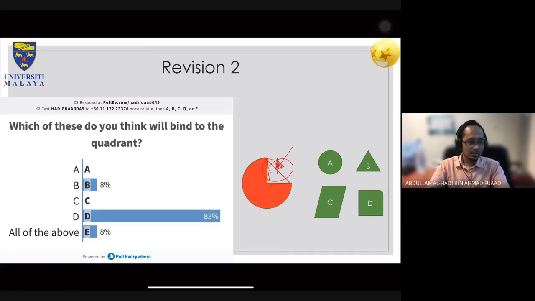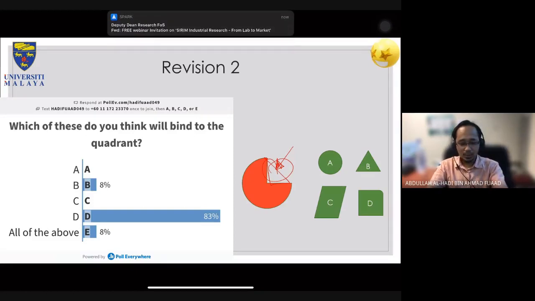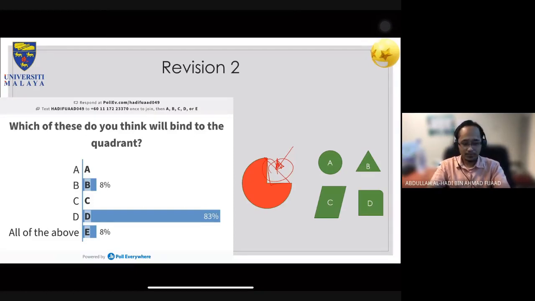Anyone else? There's still about 20 seconds left. If you want to try, you can quickly go into the site and key in Hadi Fuad 049, as listed there. 10 more seconds. 9, 8, 7, 6, 5, 4, 3, 2, and 1.